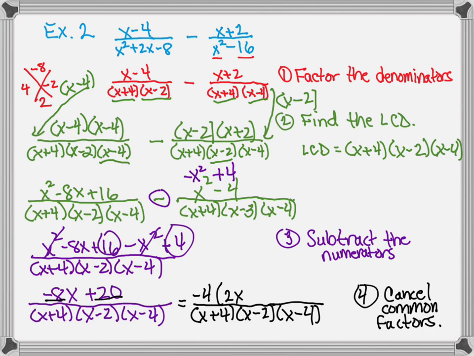When I do that, I have 2x minus 5 in parentheses, but I don't see any common factors that will cancel. So this is my final answer. I could have left it like I did on the left, but the right is just as fine as well. So my final answer that I'm leaving it at is negative 4 times the parentheses of 2x minus 5 all over the product of x plus 4 times x minus 2 times x minus 4.